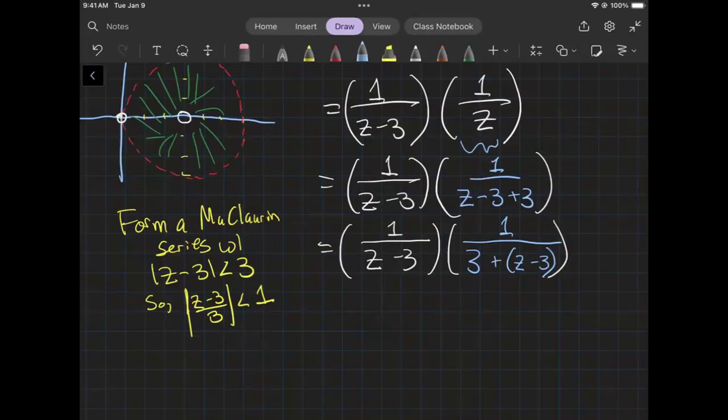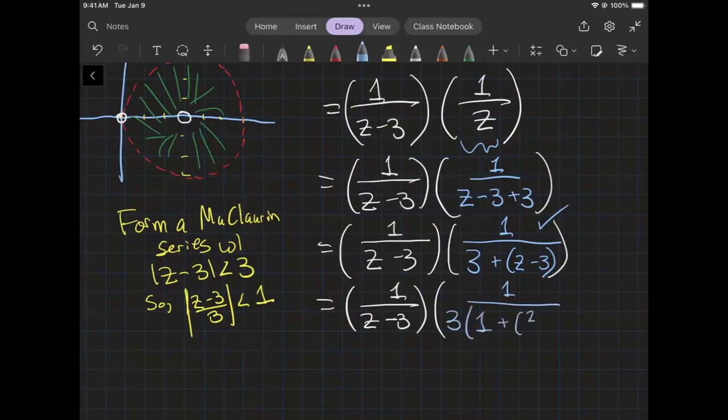That is how we form the geometric series for this term. So I write this as 1 over z minus 3 times 1 over 3 times 1 over 1 plus z minus 3 over 3.